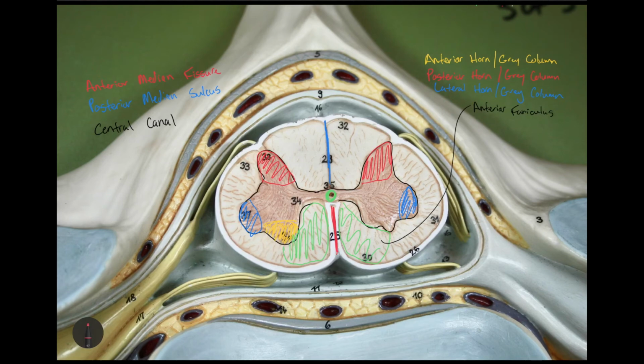And just like the posterior and lateral horns, we also have posterior and lateral funiculus of the spinal cord. I'll go ahead and color those in. This red is representing the lateral funiculus of the spinal cord, and this yellow is going to represent the posterior funiculus of the spinal cord.